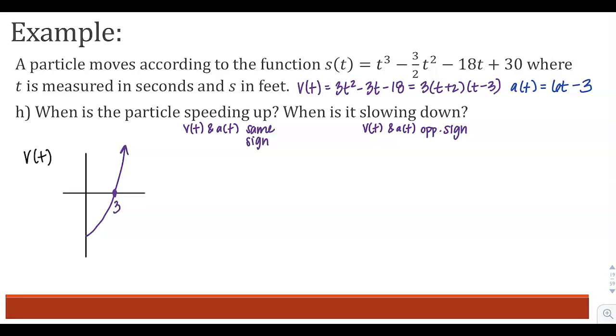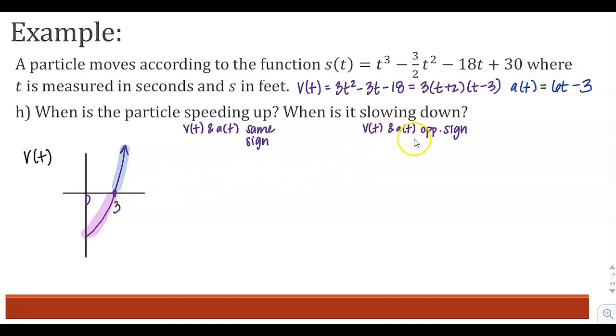So we knew that our velocity function was negative between 0 and 3, below the x-axis. And then our velocity function is positive when t is greater than 3, above the x-axis.